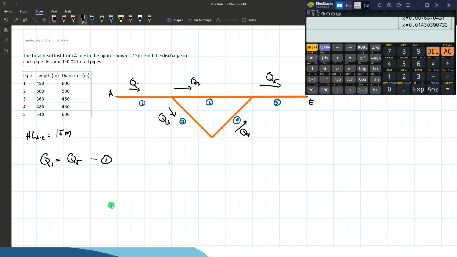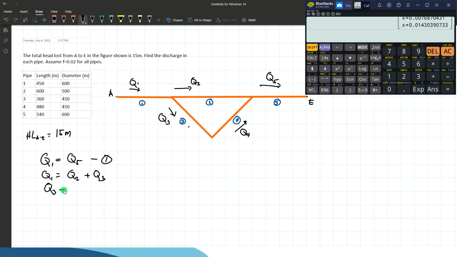Equation 1. Then from pipe number 1, the discharge is distributed to pipe number 2 and pipe number 3. So the sum of discharge in pipe 2 and 3 is equal to discharge at pipe 1. Then pipe number 3 and pipe number 4 is in series connection, so we can say that their discharge are the same.